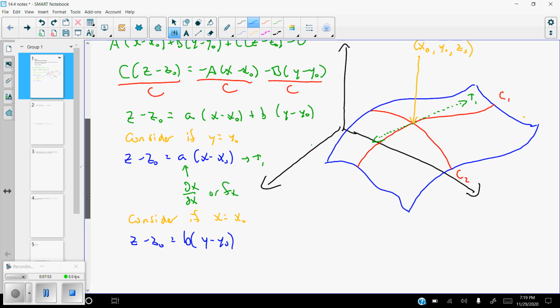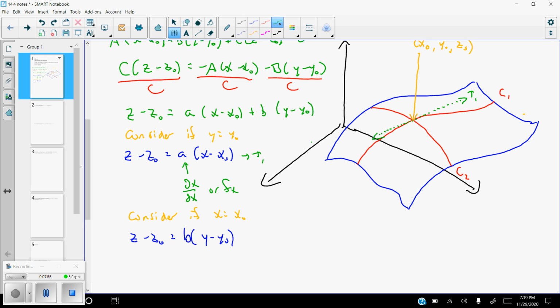Well, just like before, this b right here is really the change of z with respect to y. And I made a mistake up here, didn't I? That should be the change of z, not x, with respect to x. I'm sorry. Yeah, no, that's right. Change of z with respect to x. So this one down here is f sub y, or the partial with respect to y.